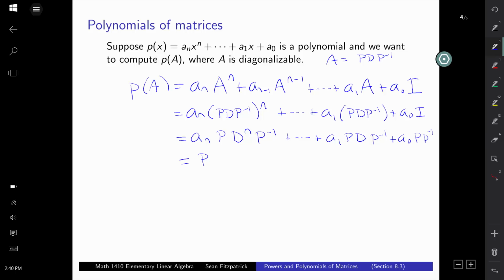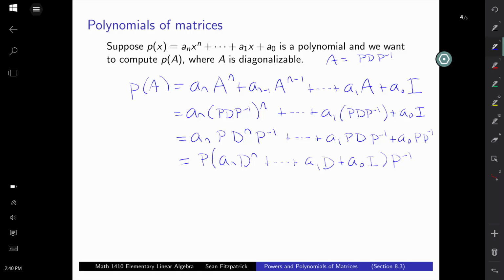Or if you like, P times the identity times P inverse. So if I pull the P out on the left, I've got a_n D to the n, okay, down to a_1 times D plus a_0 times I, times P inverse.